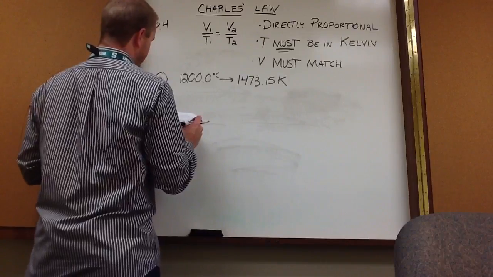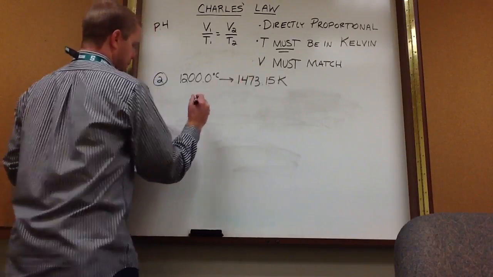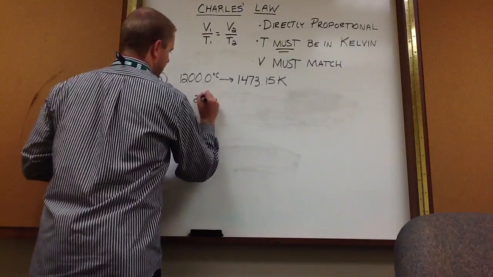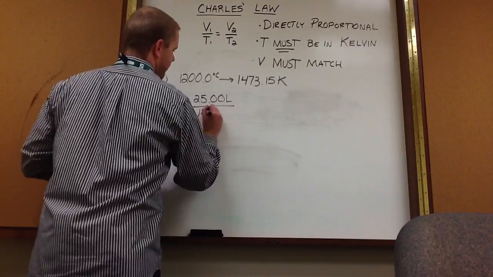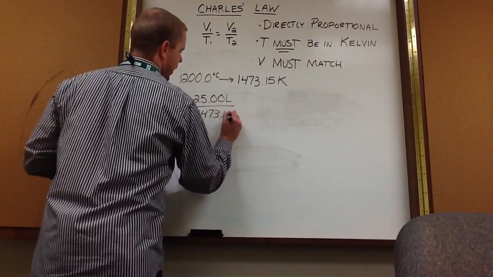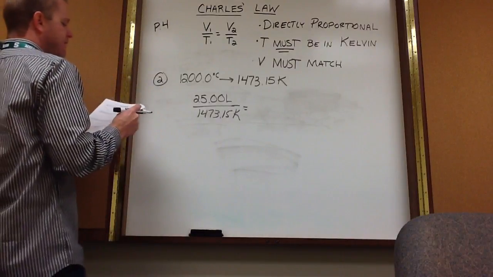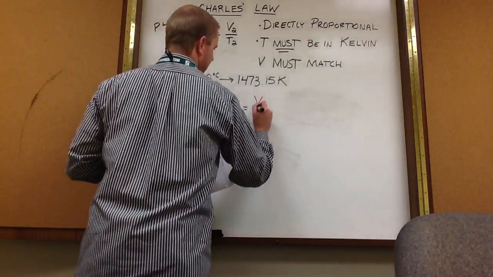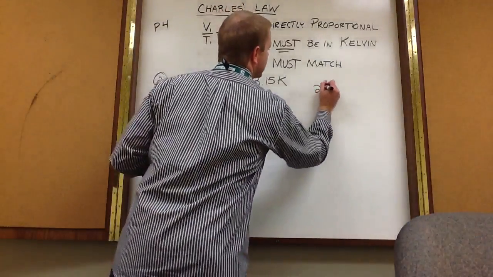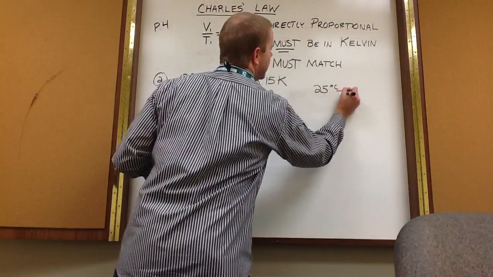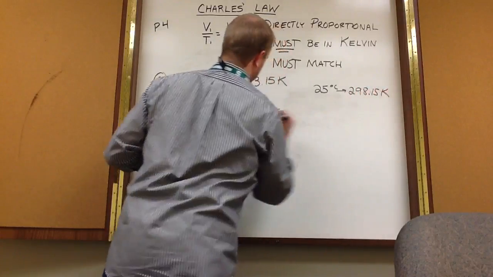If 25.00 liters were collected at 1473.15 Kelvin, what will the volume of this gas be after it cools all the way down to 25 degrees Celsius, which we did on the last problem as 298.15 Kelvin.